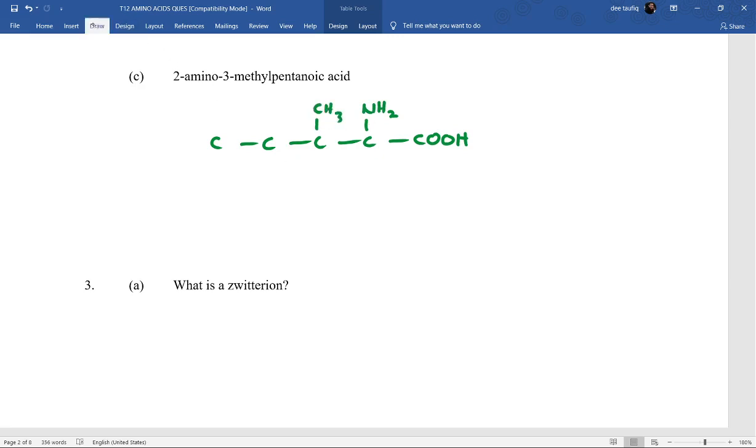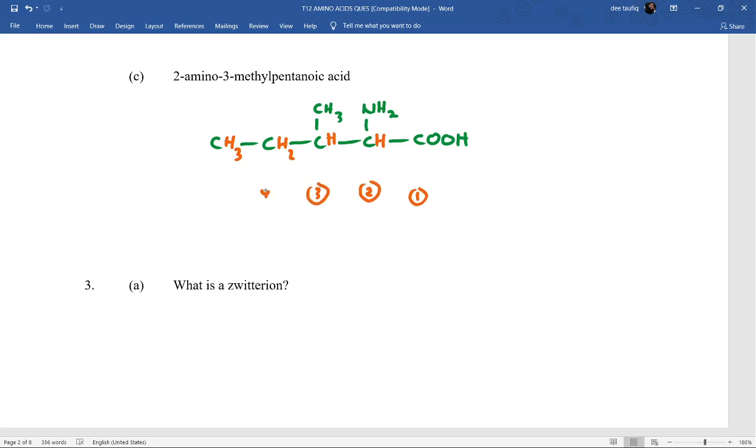There is nothing else, so fill in the hydrogens: 1 more hydrogen, 1 more hydrogen, 2 more hydrogens here and 3 more here. So COOH is carbon number 1, this is carbon number 2, number 3, number 4, and the last one CH3 is carbon number 5. 2-amino, 3-methyl. Okay.